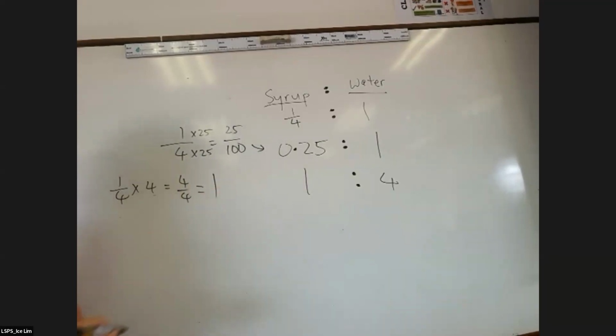That's 1 mark. You need to revise on it. 4 times 1/4 is 1. You understand, right?